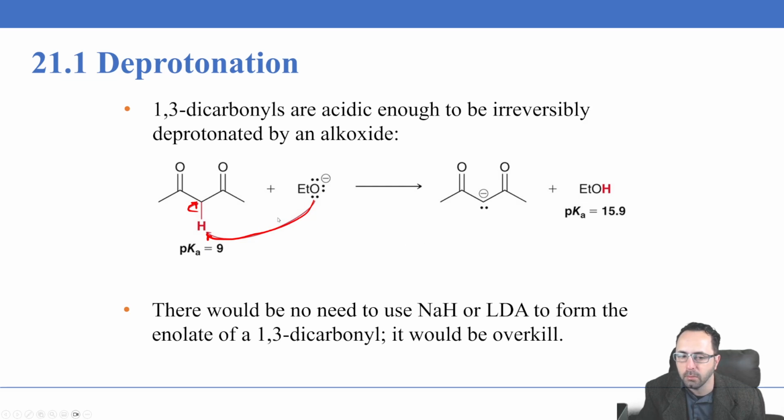And that is a much stronger acid here than the ethanol. So this reaction would go forward very, very significantly and produce 10 to the 6 times more of this enolate ion than the diketone that we had at the beginning.